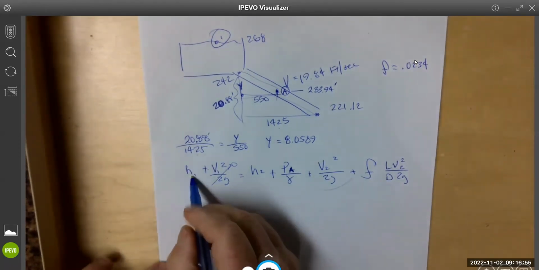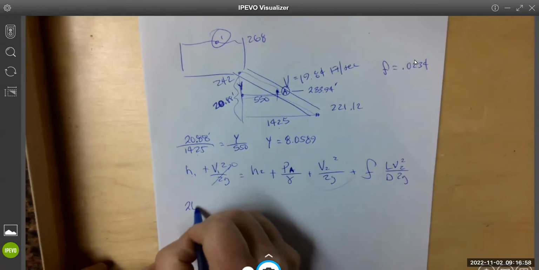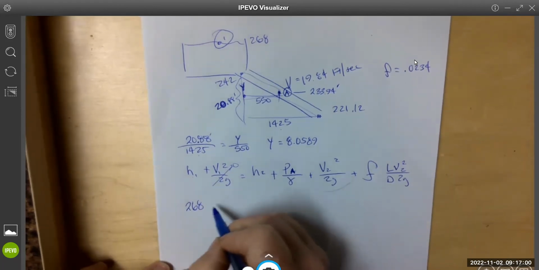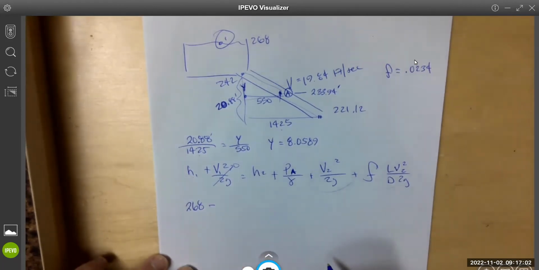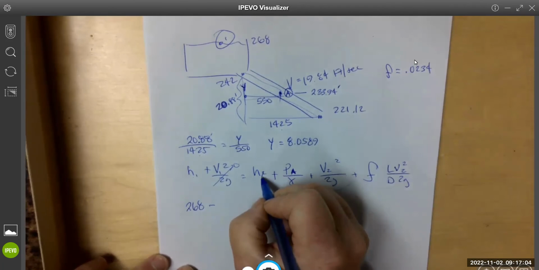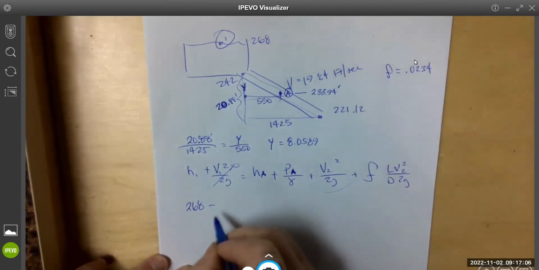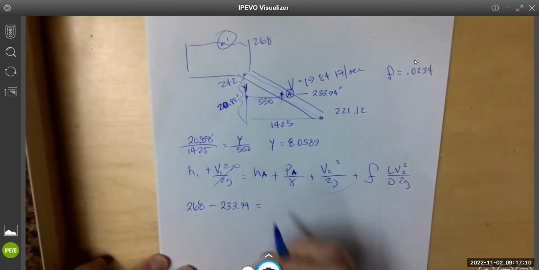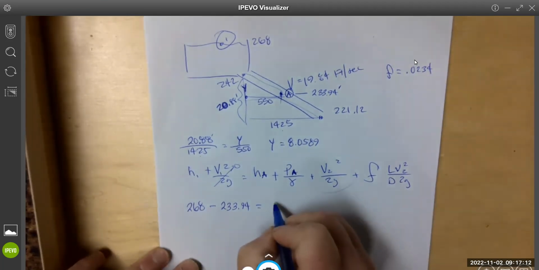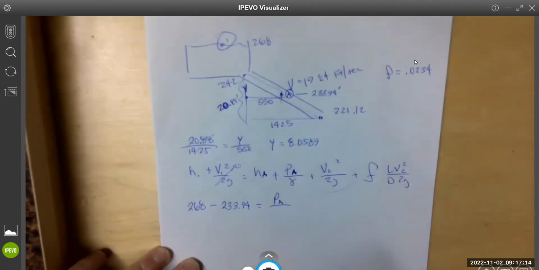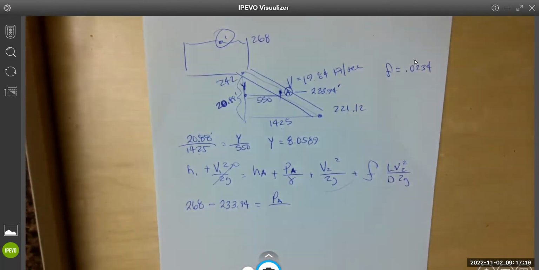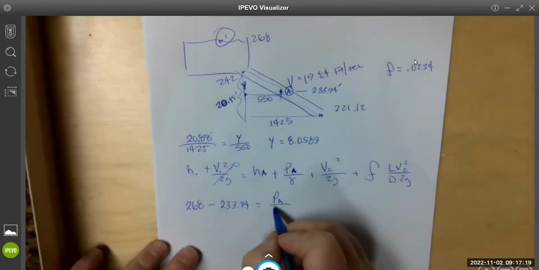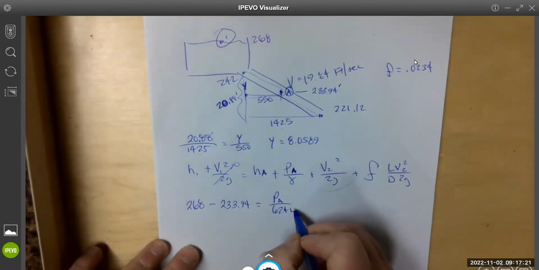But now we know H1, 268. I'm just going to pull H2 over, or HA, 233.94, because those always get subtracted from each other. PA over, what's the specific weight of water? 62.4 pounds per foot cubed.